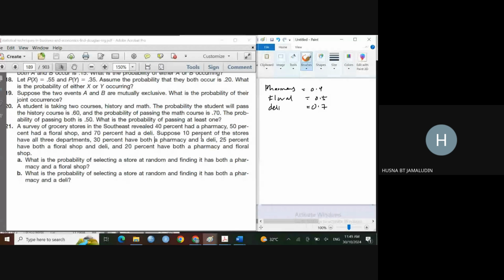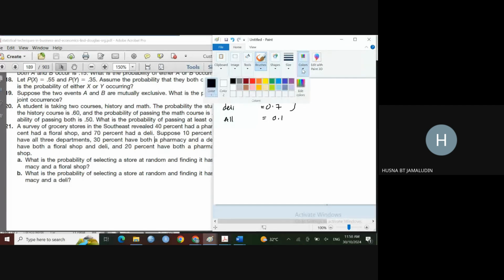Suppose 10% of the stores have all three departments. These three are departments. So this means they have all these departments, which is about 10%. If the question asks you to draw a Venn diagram, you still remember what a Venn diagram is: a first circle, second circle, and third circle.